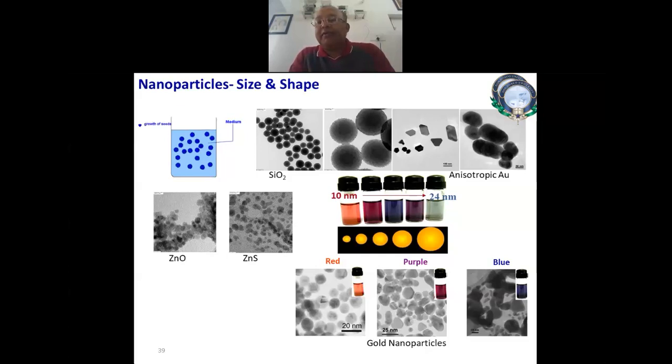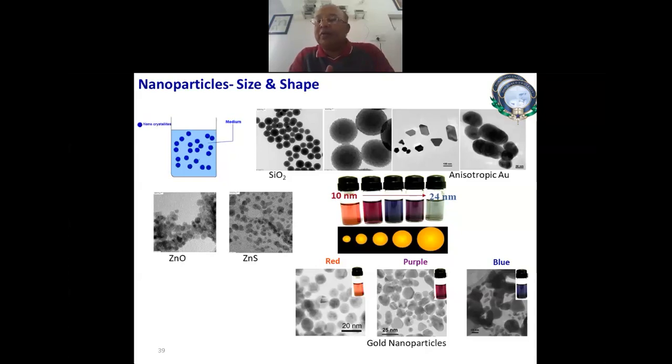And there are so many parameters during the reaction itself that can control the size and the shape. That means if you vary those parameters, if you check those parameters, then you can control the size and the shape of the particles. Now, those parameters may include concentration of the reactants, whatever chemicals you're putting in, whether it may even be biochemicals, but whatever.